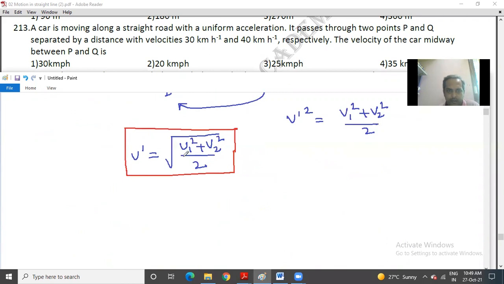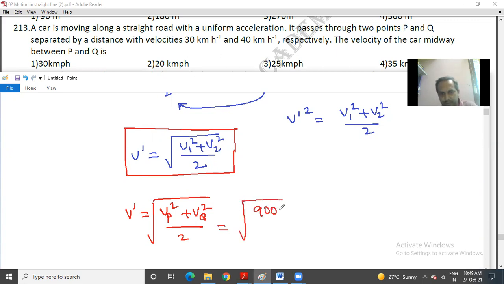So the formula is the same: v dash is equal to under root of (velocity at point P square plus velocity at point Q square) whole divided by 2. So how much is v1 square given? It is 30 square, so 30 square is 900 and 40 square is 1600, divided by 2. So therefore this is going to be 2500 whole divided by 2.